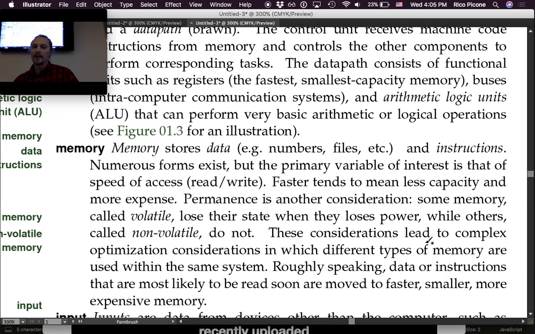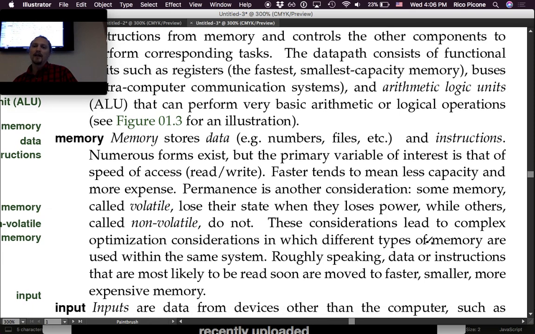Numerous forms of memory exist, but the primary variable of interest is that of speed of access, and that is reading and writing. So how fast can you read from the memory and how fast can you write to the memory? Faster tends to mean less capacity and more expense. Permanence is another consideration. Some memory, called volatile, loses its state when it loses power.